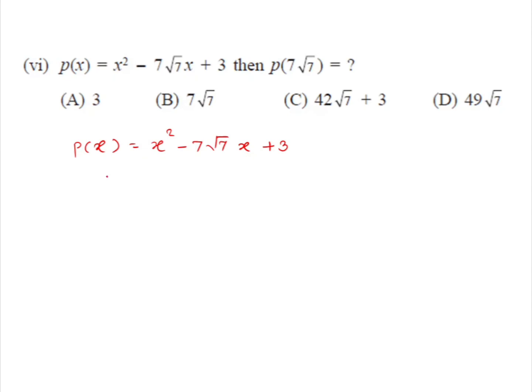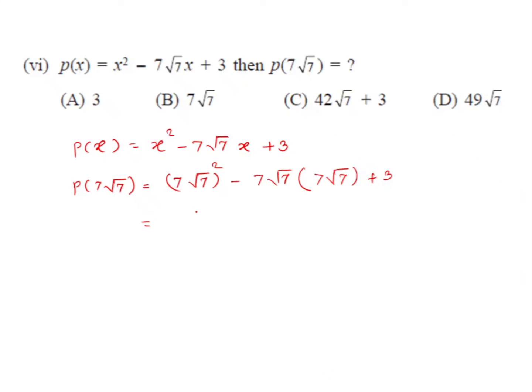Now if we have to find p of 7 into root 7, that means in the given polynomial we have to replace the variable x by 7 root 7. So instead of x square we should write 7 into root 7, that's square, minus 7 root 7 as it is, into the bracket the value of x, that is we have to replace x by 7 into root 7, plus 3.